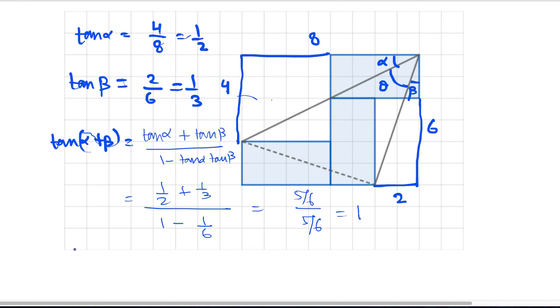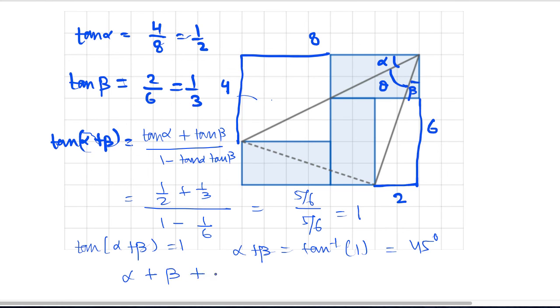Now tan of alpha plus beta is equal to 1, which gives us alpha plus beta is equal to tan inverse 1, which is 45 degrees. Now we know alpha plus beta plus theta is 90 degrees. Alpha plus beta you have already calculated, which is 45 degrees, which implies theta is equal to 45 degrees. Clear?